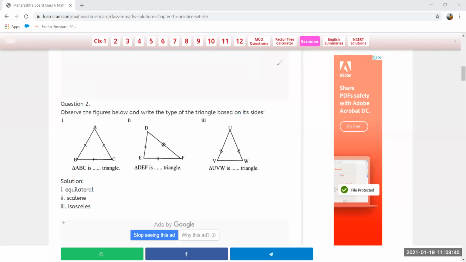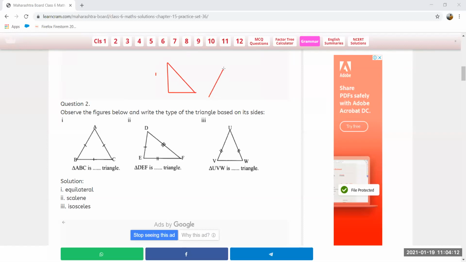Question number 1 was based on angle, type of angle. Suppose one of the angles in a triangle, for example, if this is a triangle, I'll ask you one question based on this.